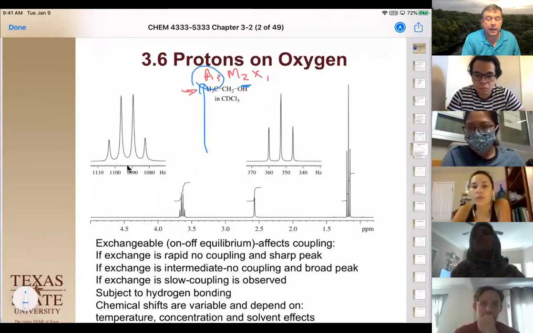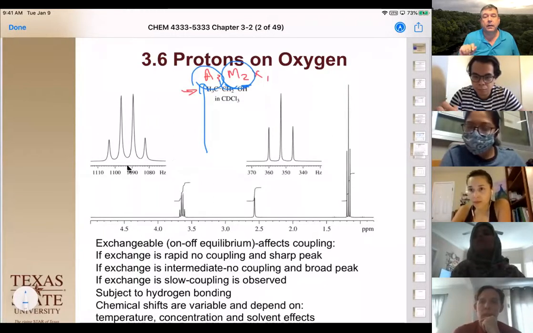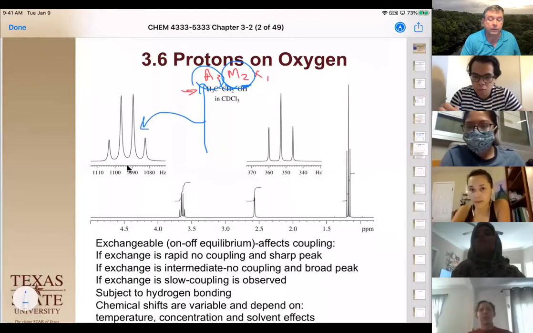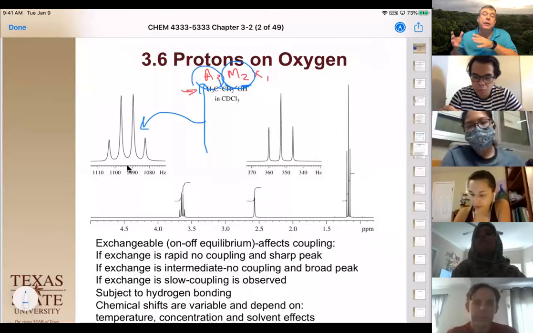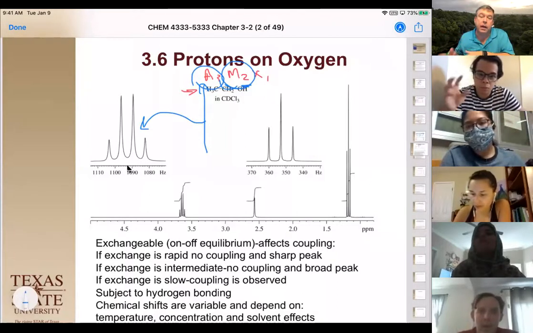Now, the M right here has 2 protons, which are equivalent, and it should be split into a quartet if the alcohol hydrogen does not split it. And in this case, what we see is we do get our quartet for the hydrogens next to the oxygen bonded system.